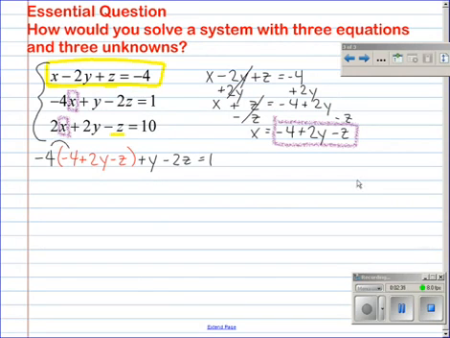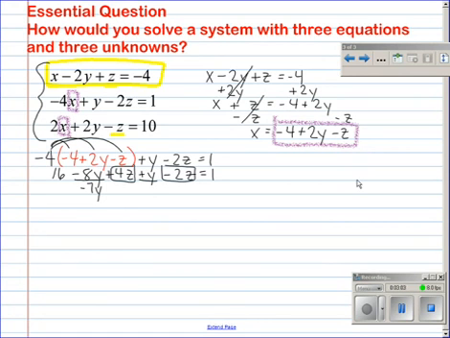So that would be distributive property. So 16 minus 8y plus 4z plus y minus 2z equals 1. Combine your like terms. If I have -8y and a positive y, those are both on the same side, so we just combine them. That would be -7y. And then there's a 4z here and a -2z here.